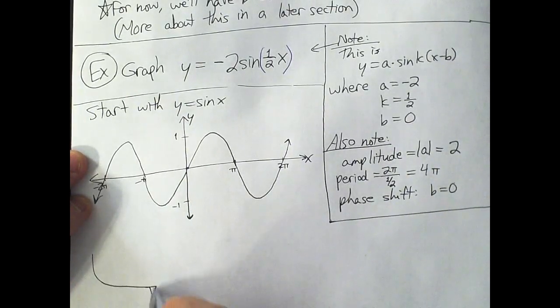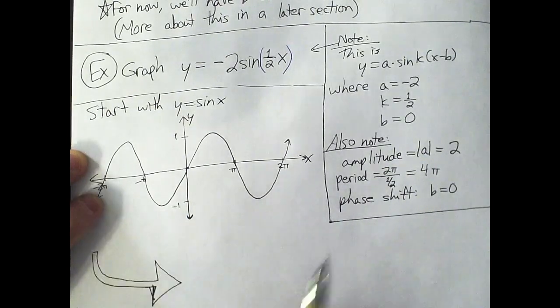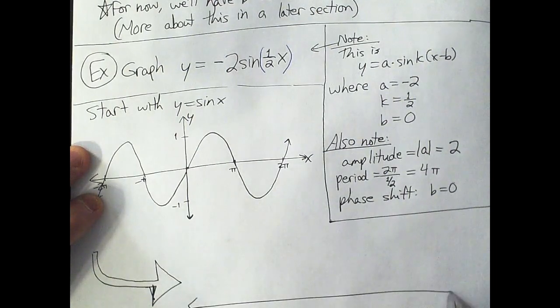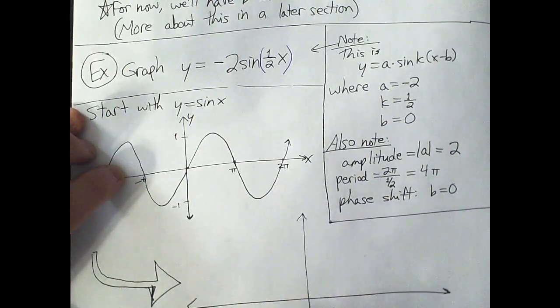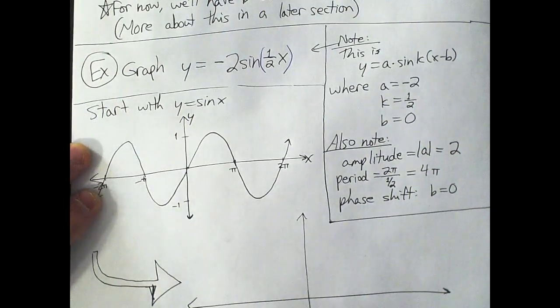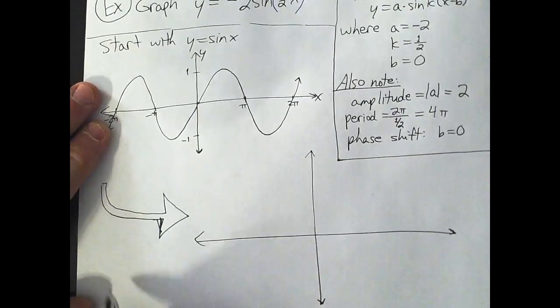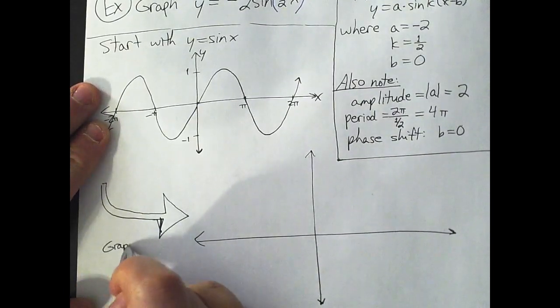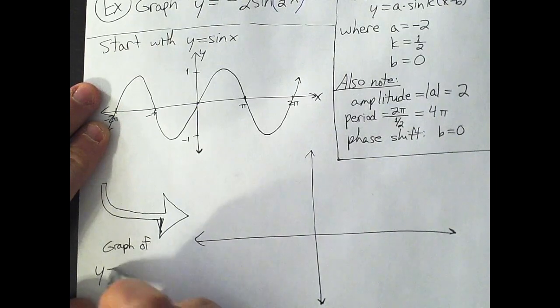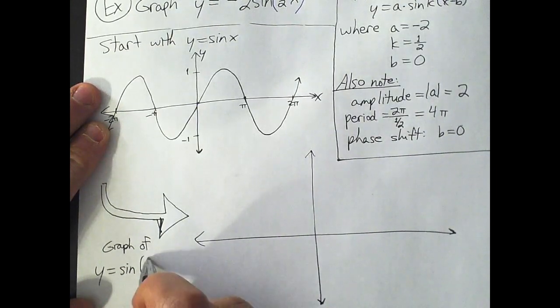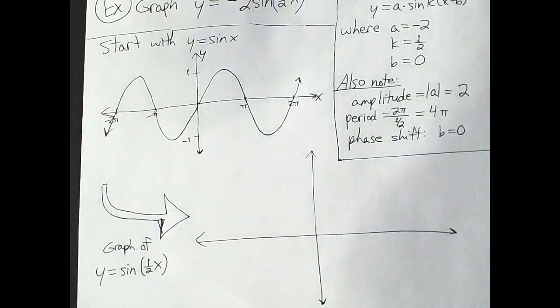I just want to draw that for now. I want to turn this right now into a graph of y equals sine 1/2 x. And then we could deal with the -2 in the next step, okay?